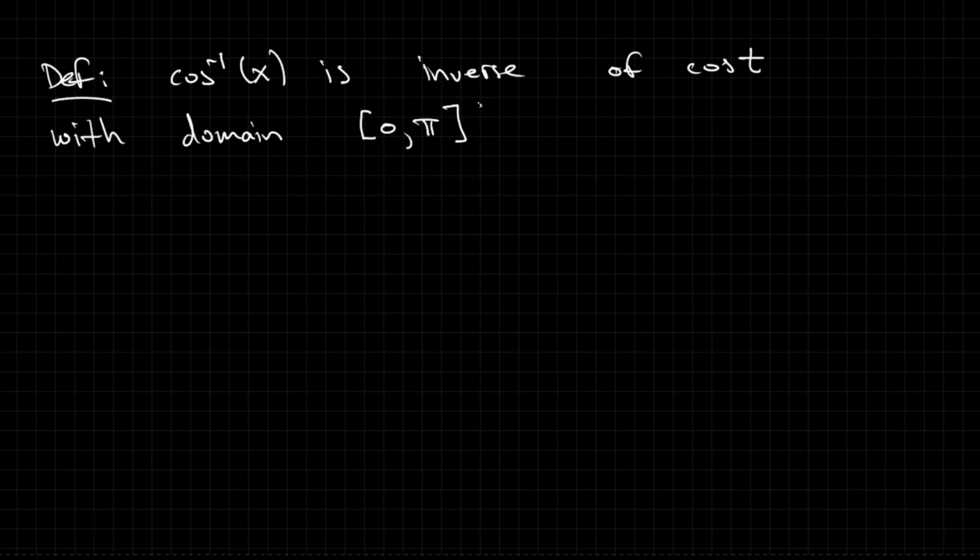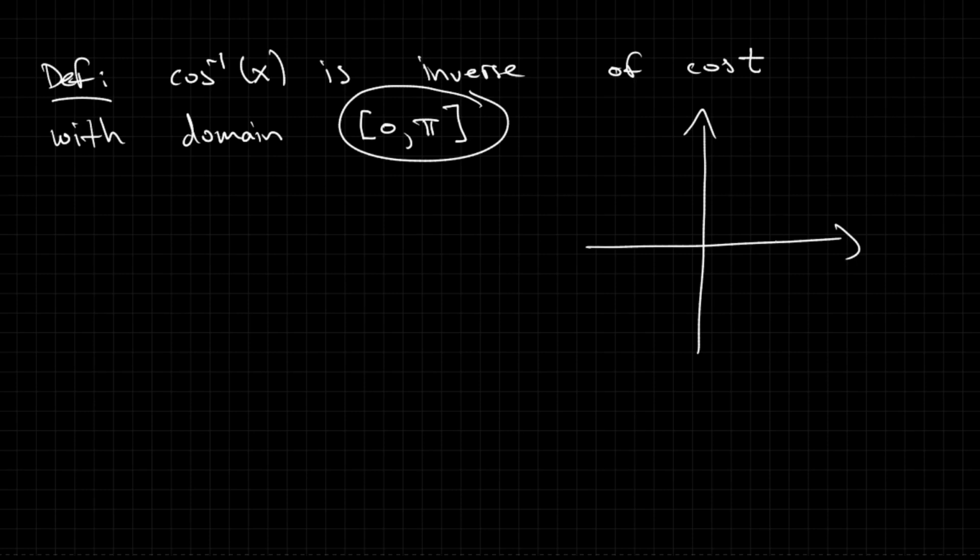The part of the unit circle that 0 to pi represents is the top half of the unit circle. So when you are envisioning the unit circle to solve some inverse cosine problem, you should be envisioning the top half of the unit circle, the t values between 0 and pi.